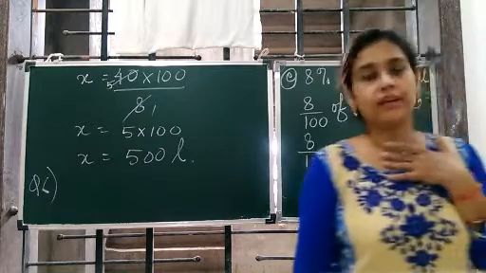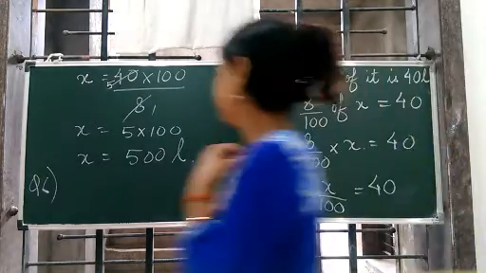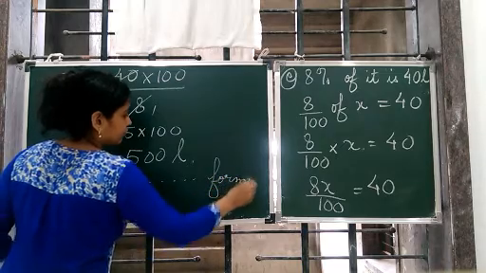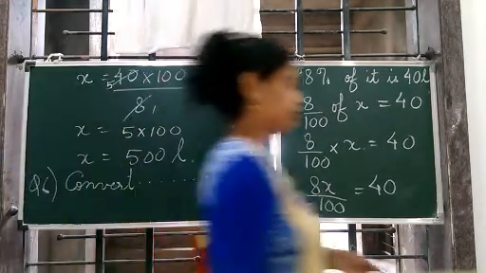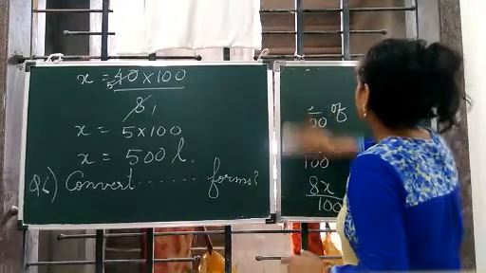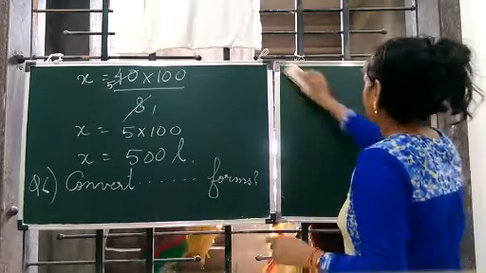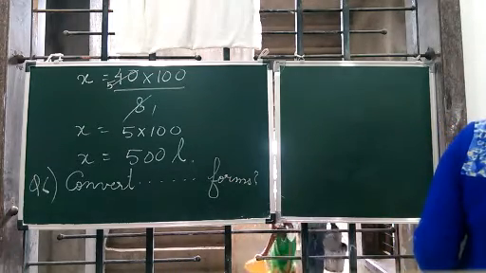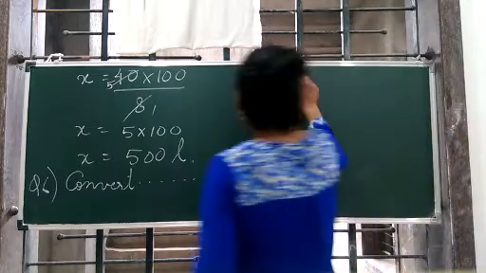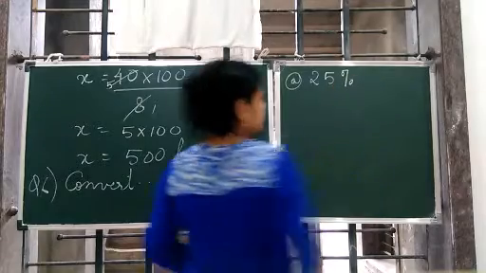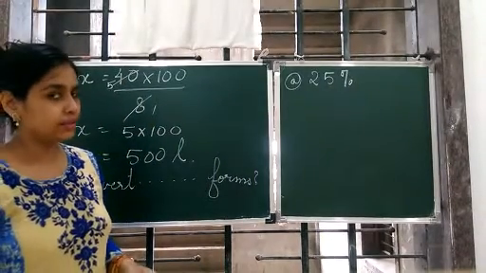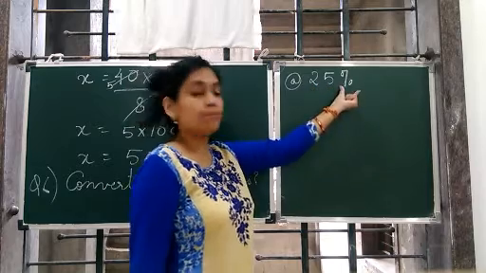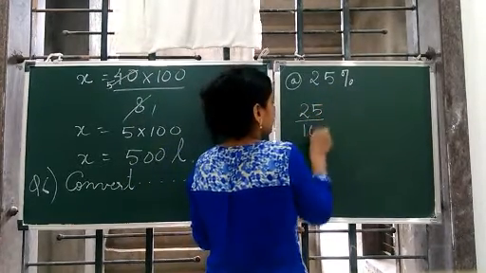Divide them by their common factors. 25%. 25% means 25 per 100.